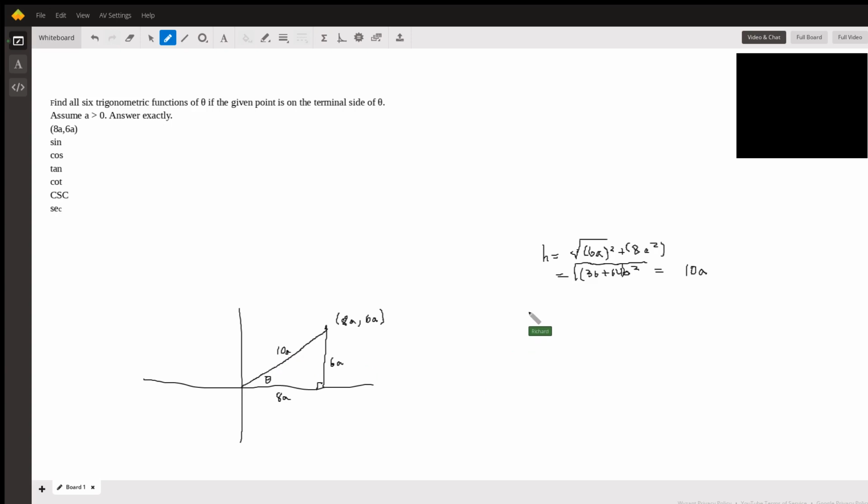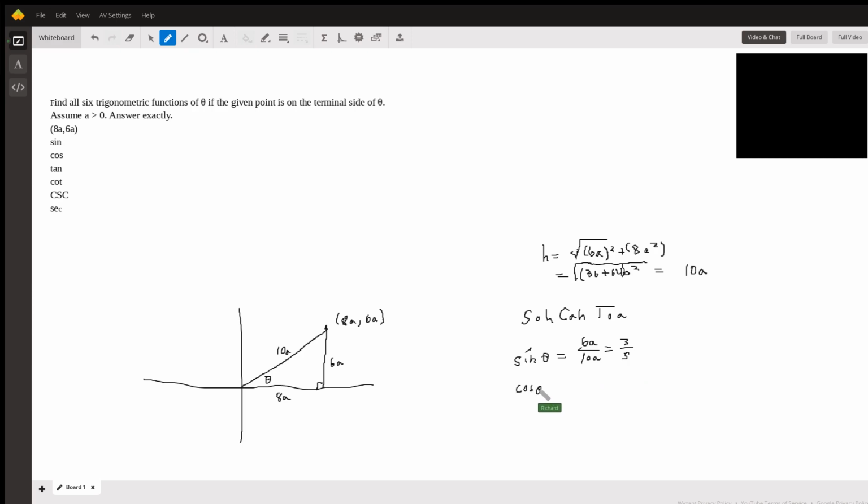Okay, so now the rest of it is just SOHCAHTOA. So we'll start with the sine. Sine is opposite over hypotenuse, so it's going to be 6a over 10a, which is going to be 3 over 5.